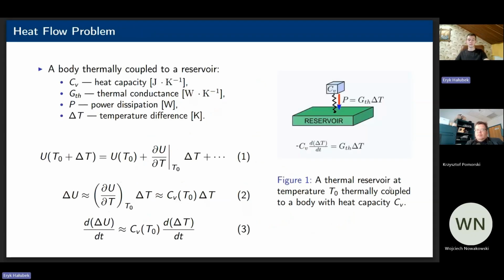So when we want to talk about a thermometer, we should start with a heat flow problem.